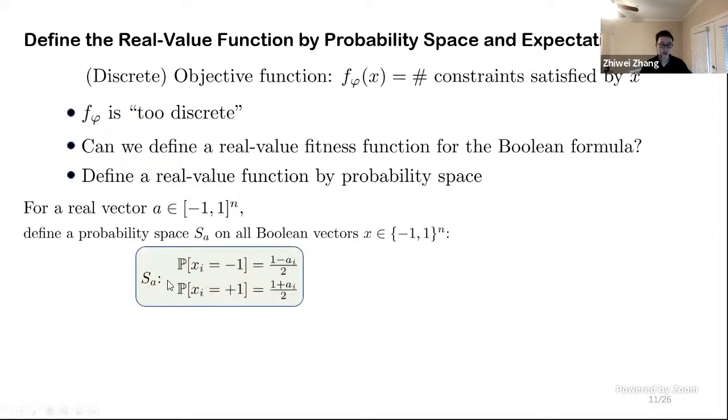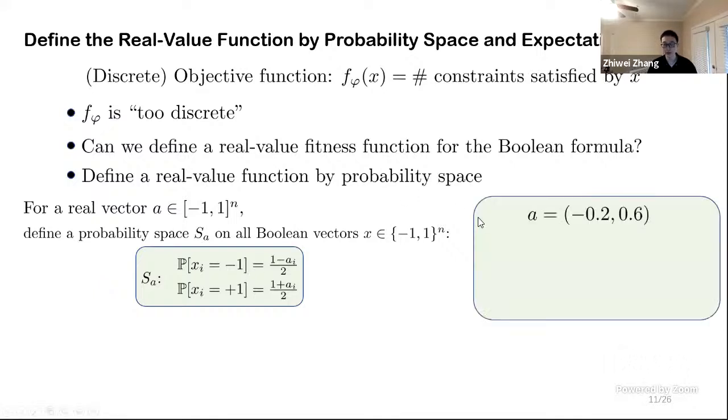Each coordinate of the Boolean vector will be independent from each other, and the value of xi will be only related with the value of ai. So roughly speaking, if ai is positive, then xi has a greater chance of being 1 if sampled from the probability space SA, and if ai is negative, then vice versa.